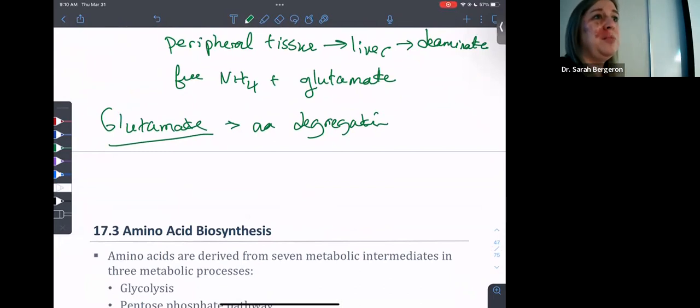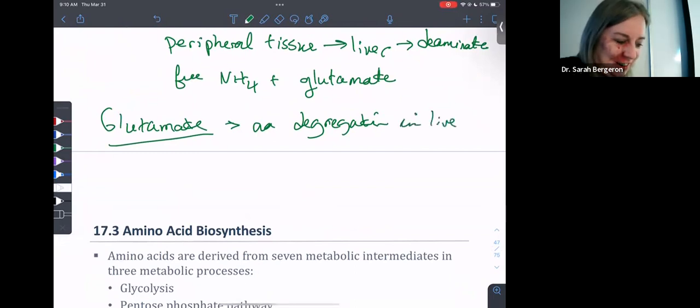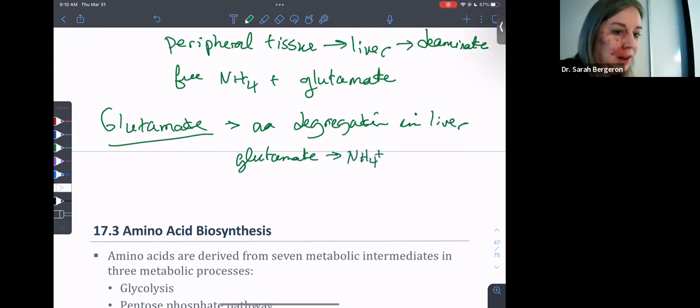Most of all of these processes are in the liver, just guess the liver. So in liver, we go from glutamate, we're going to deaminate it. We're going to get NH4 plus released. Now tell me what you're going to make. Now it's the alpha-ketoglutarate.